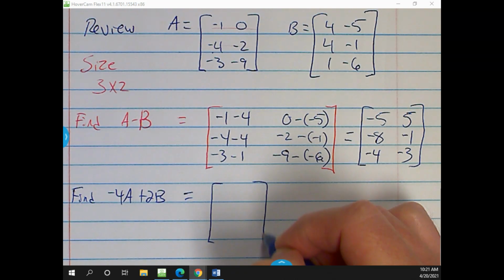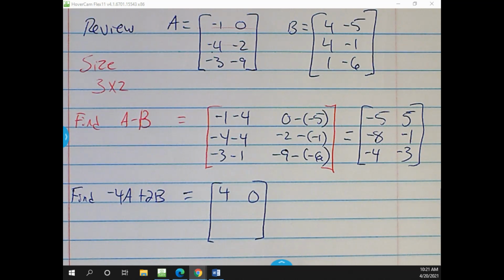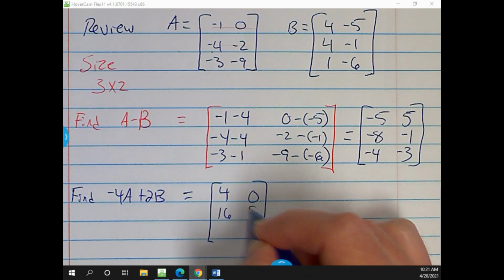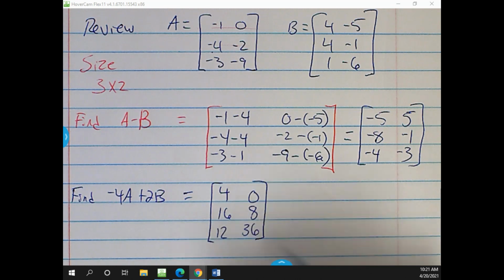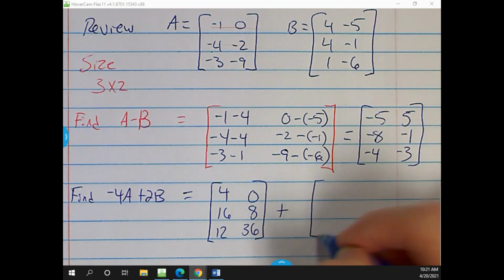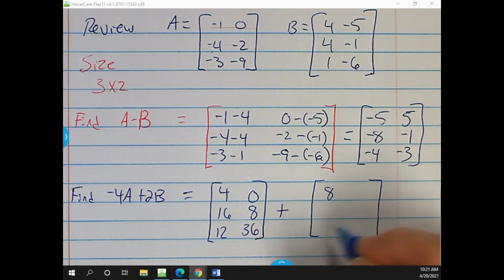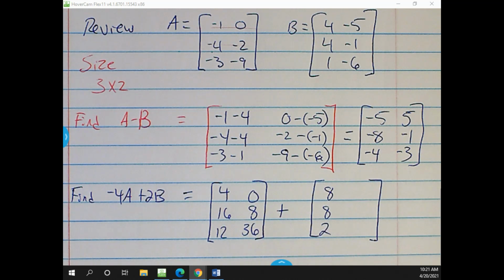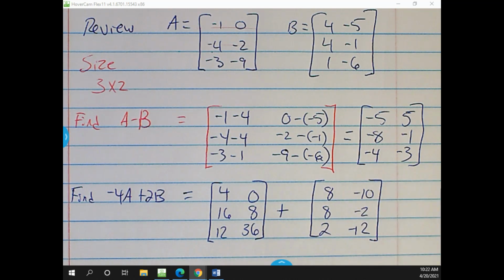So doing -4 times everything in A, that's going to be 4, 0, 16, 8, 12, and 36. And then taking the B matrix and doubling everything, that's going to be 8, 8, 2, -10, -2, -12.